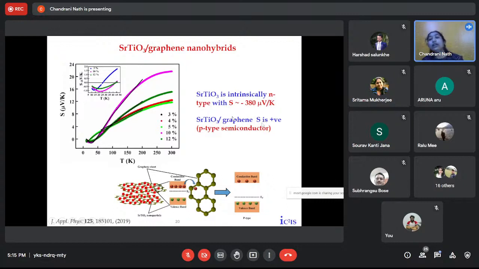Our thermopower value is positive, giving us the conclusion that our nanohybrids have turned from N-type to P-type semiconductor. Why? We have given a plausible assumption: since graphene is a very good electron acceptor, the electrons from strontium titanate move to the graphene nanoflakes, in turn making the whole system P-type.